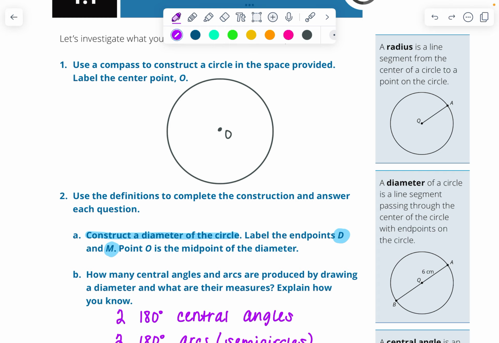So we are going to construct the diameter, and as you can see here, that's what a diameter is and what it looks like. There are your endpoints.